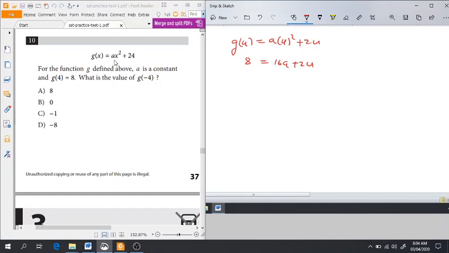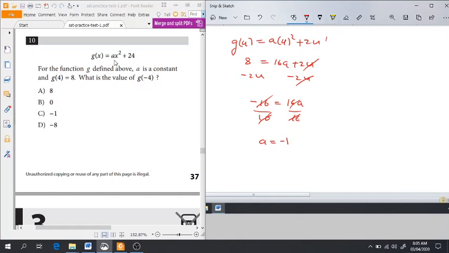Arrange it in like terms, so subtract 24: 8 minus 24 is negative 16, equals 16a. So divide by 16. The value of a is negative 1.